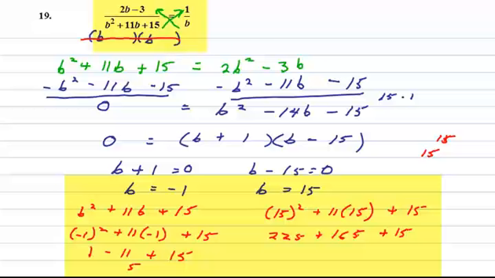Plus 15. Well, that's definitely not 0. I don't really care what it is. It's not 0. So that solution is acceptable as well. So we wound up with two solutions. We wound up with negative 1 and 15.